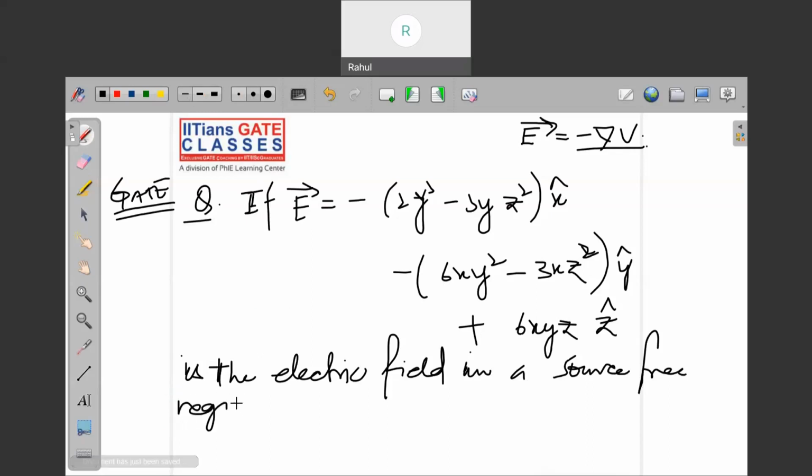Then they are asking for the valid expression for electrostatic potential.